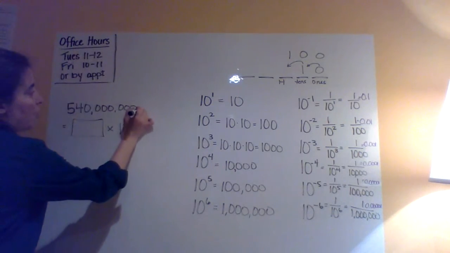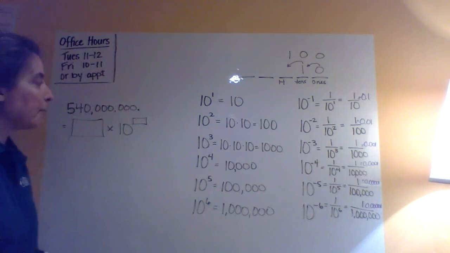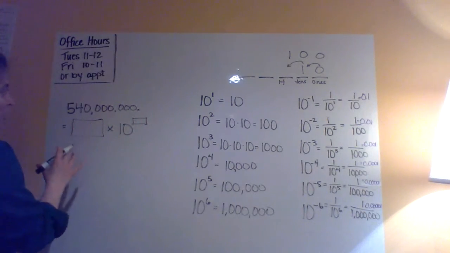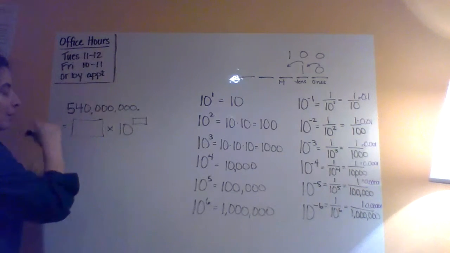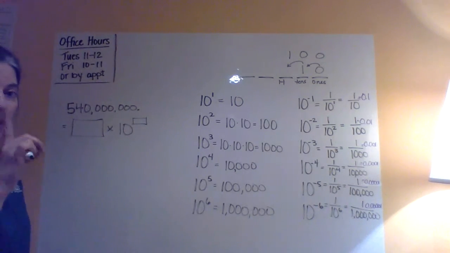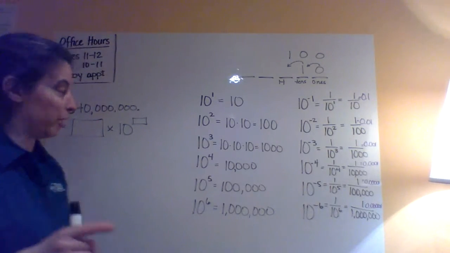So when I have a whole number, my decimal point is kind of hiding out back here. I'm going to move that decimal point. Again, that's kind of a lazy way of saying it, but another thing you could think of is I'm going to shove this whole number over until I have a number between 1 and 10. In other words, I have a number where there's only one single non-zero digit in front of the decimal point.